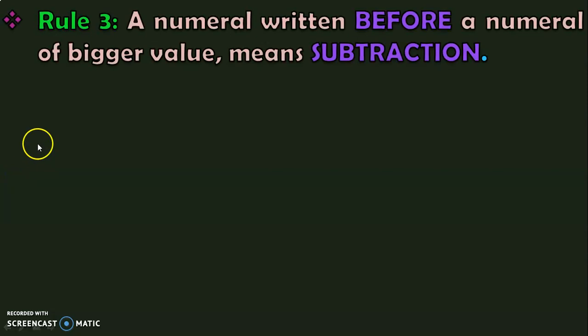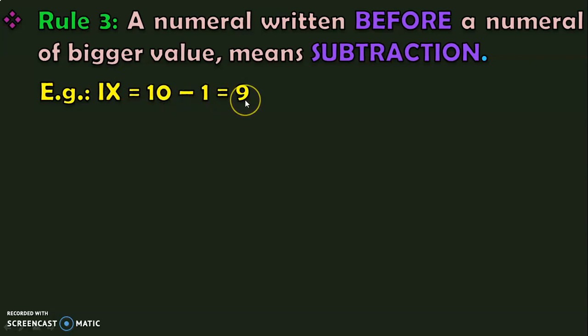Let us move on to rule number 3. A numeral written before a numeral of bigger value means subtraction. So when it is after, it makes addition, and when the numeral is written before a numeral of bigger value, it means subtraction. Let us see this with an example. We know that X has a value of 10. When you write I before X, it means subtraction.